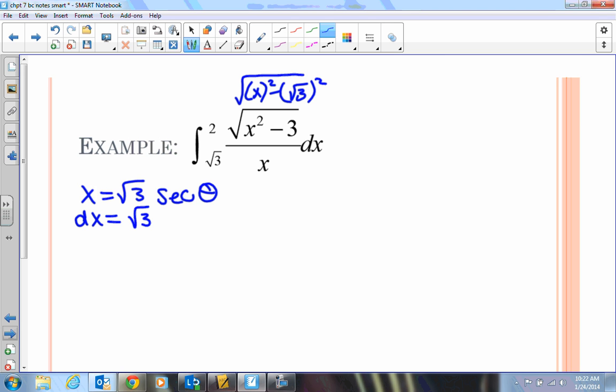And then what's the derivative? Don't forget to write it.